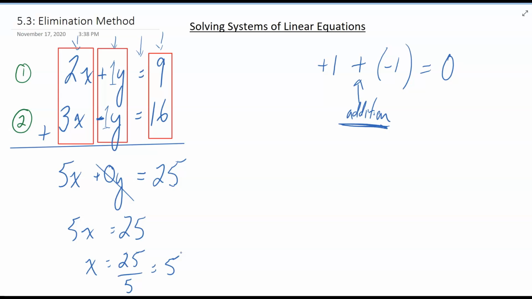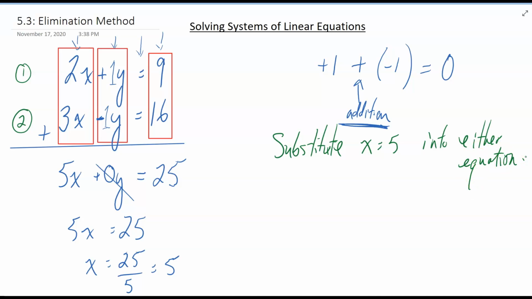At this point, we have half of the answer because remember, the answer is a point xy, or a solution for x and a solution for y. Well, we've got half of the answer. So the other half of the answer can be found by substituting x equals 5 into either equation.